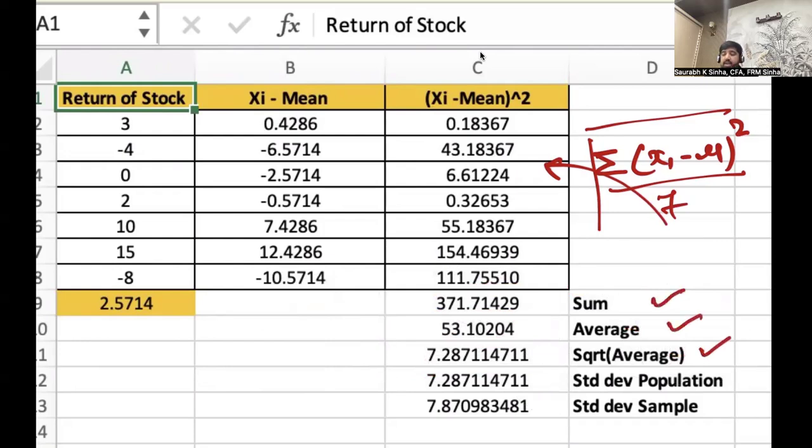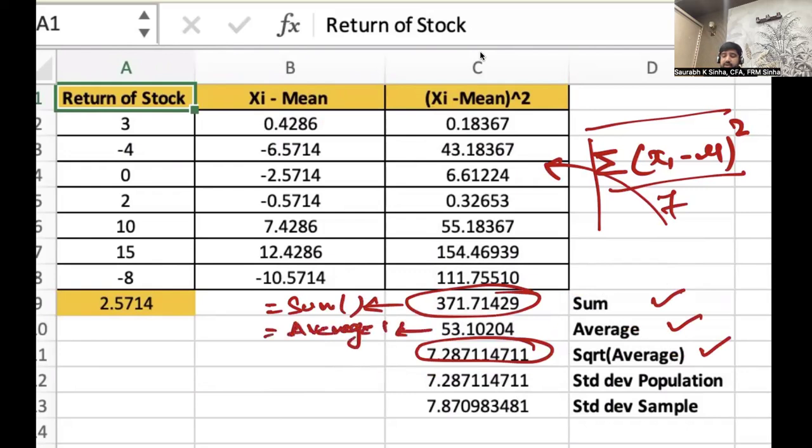In these three cells, I haven't applied any pro-level function to calculate standard deviation. This is the basic sum function, the basic average function, and the basic square root function in Excel.